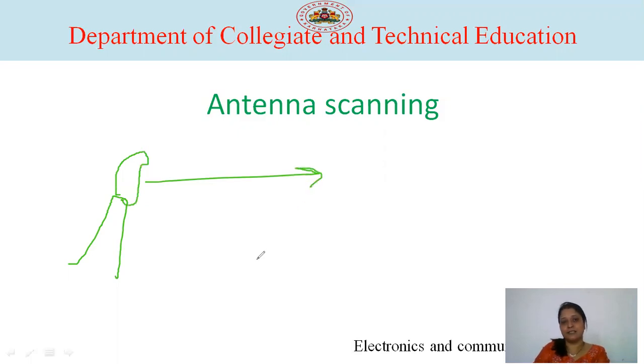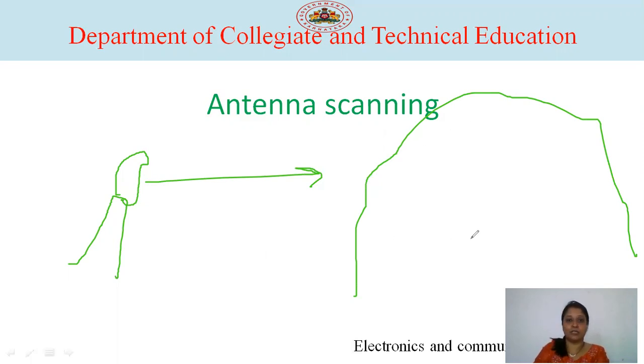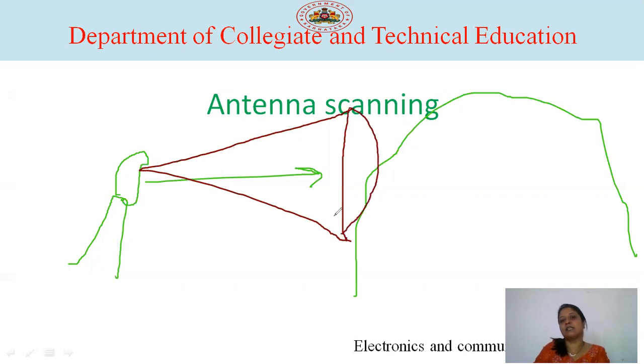Now, to search the target in this given full region, suppose we are using a pencil shaped, very sharp beam. It will take more time to cover this full region. But instead of this, if we use a wide beam, suppose this is the beam shaped signal, a very wide beam, then at a time it is covering the full region.